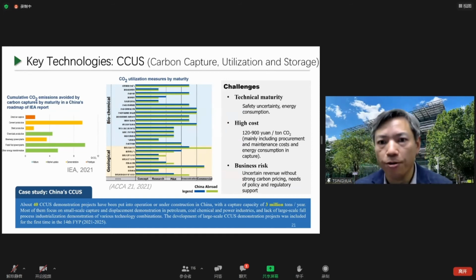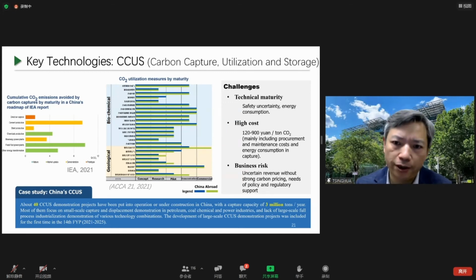For example, the revenue from CCUS investment hinges on the carbon price, which needs policy and regulatory framework to ensure. Currently, there are about 40 CCUS projects in demonstration with capacity of 3 million tons a year carried out in China. And hopefully the process will be accelerated to make CCUS deployment at the expected pace and scale in the near future.